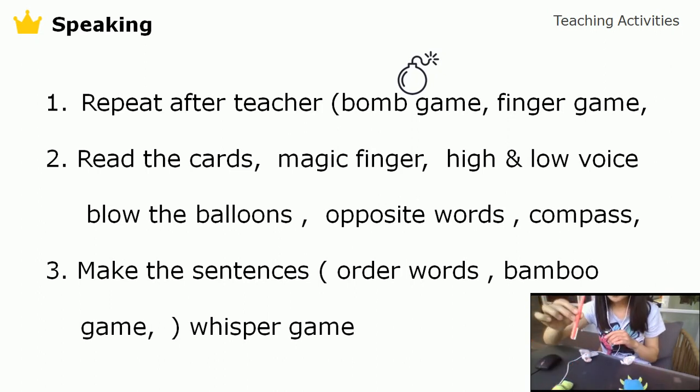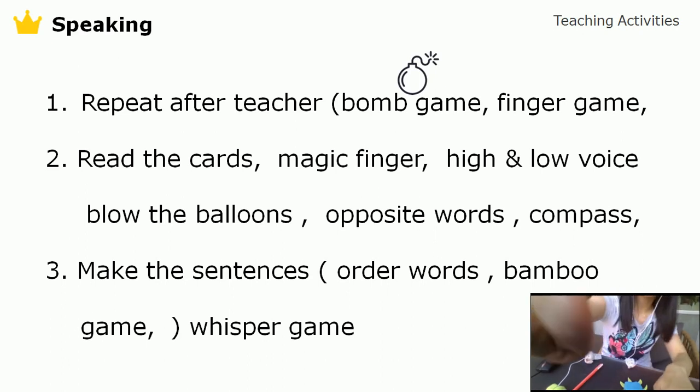Then we spin a pen, and if it points to any word, the kids need to say that word. Oh, it points to the rabbit, then the students need to say rabbit, and then move on. If it points to the elephant, then the students need to say elephant. So this is the compass game.